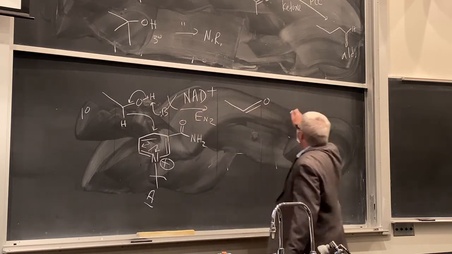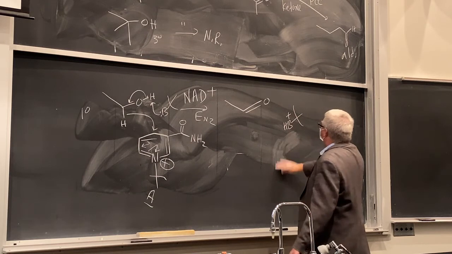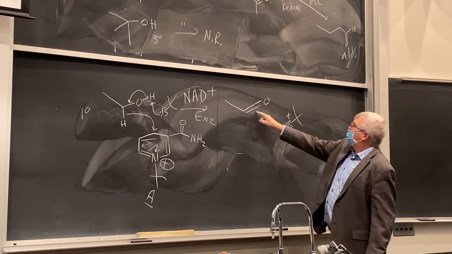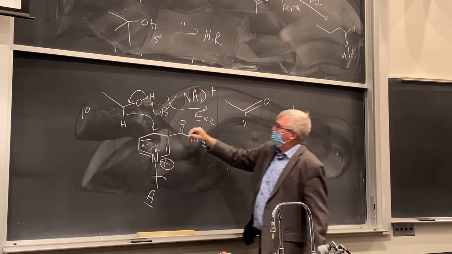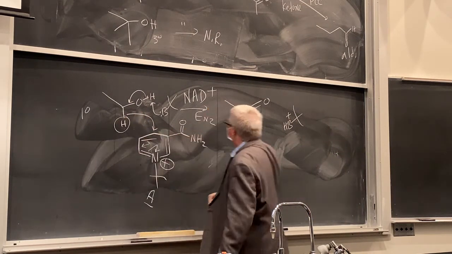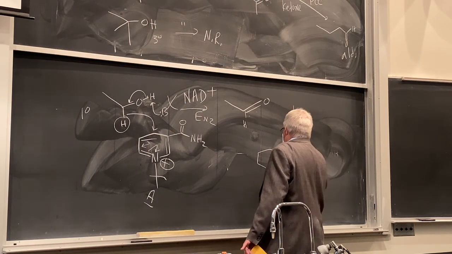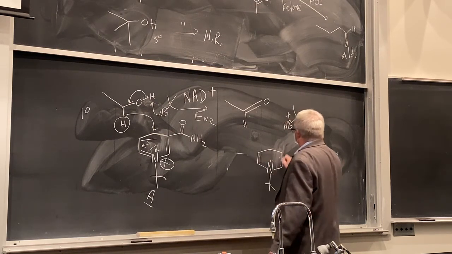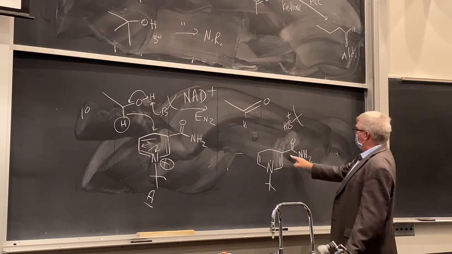Well, if we take that proton off, our enzyme gets protonated. Okay. And what happened? Well, there's our substrate. We took one of these hydrogens right here. Let's circle that one. Where'd that one end up? It ends up on the nicotinamide. Okay, has an amide there.